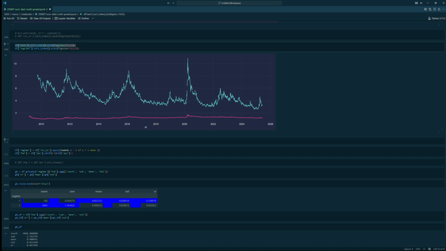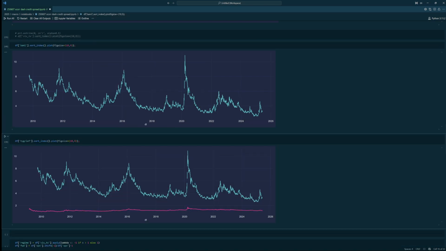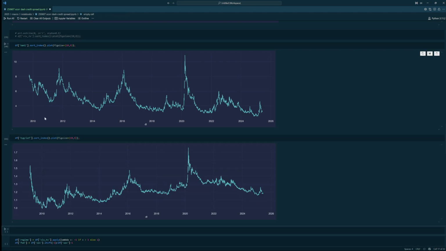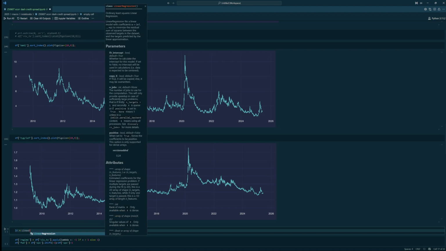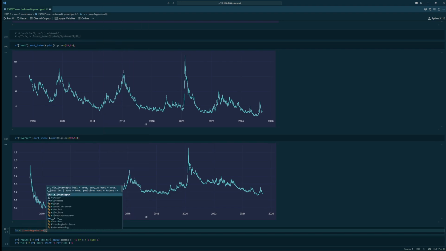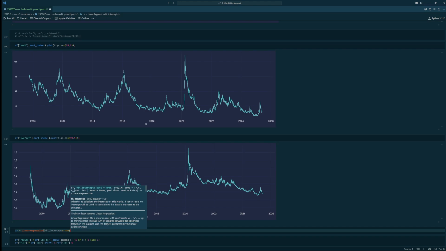One thing kind of dumb about this is that this doesn't refer to a real interest rate, so you may want to use something like this. Regression.